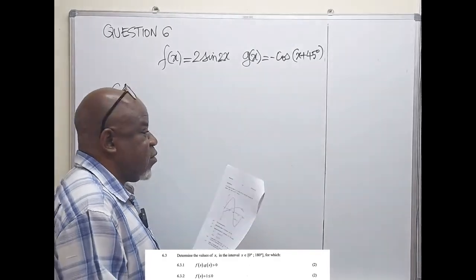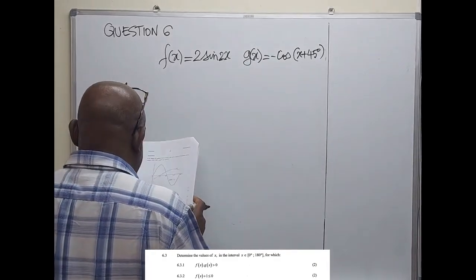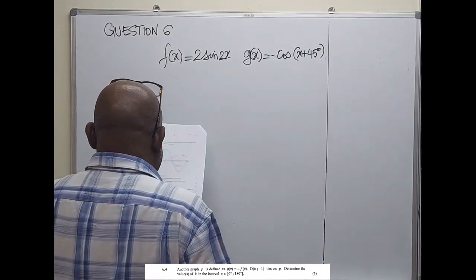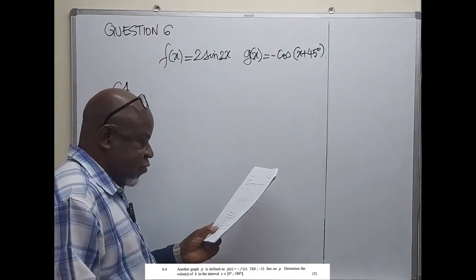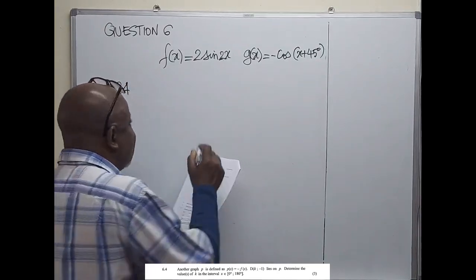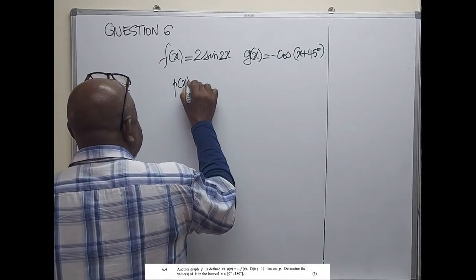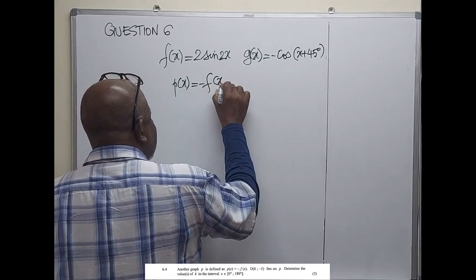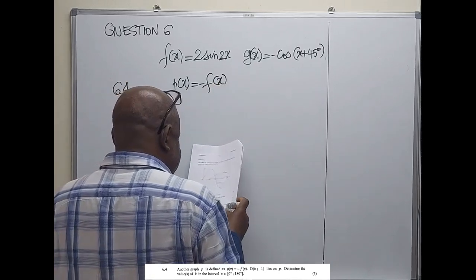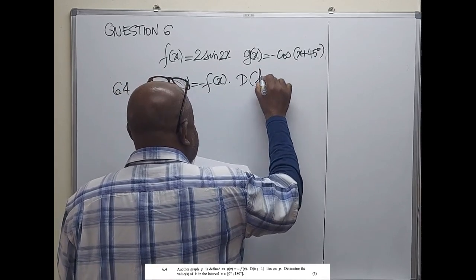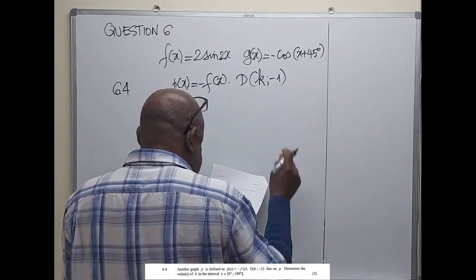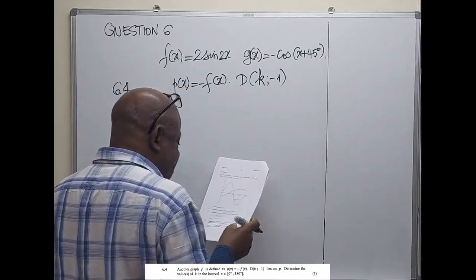Okay, so we're taking question 6.4. Another graph p is defined as p of x equal to minus f of x, and we're having a point D with coordinates (k, -1) that lies on p.